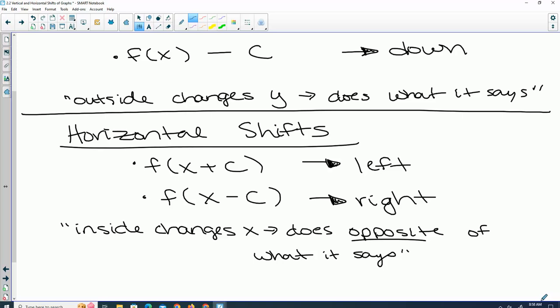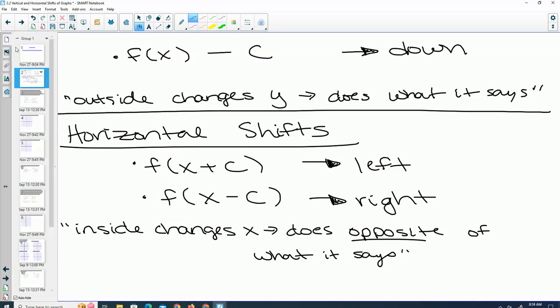When we draw these, our parent function, that original function, we are going to draw this as a dashed line, and our final one will be a solid line. If you do it that way, you don't have to label which is which. If you don't, then I expect labels to know which one's your parent function, which one's your final transformation. You're welcome to color code it or whatever you prefer, but I need to be able to tell the difference between the two graphs on your paper.